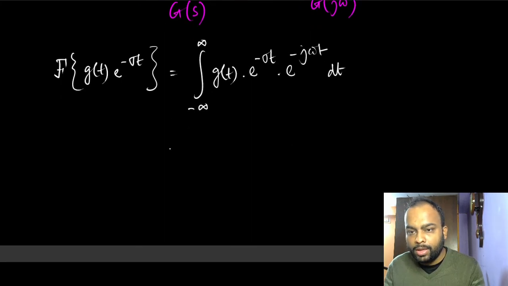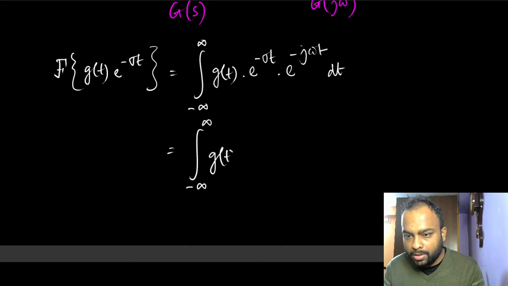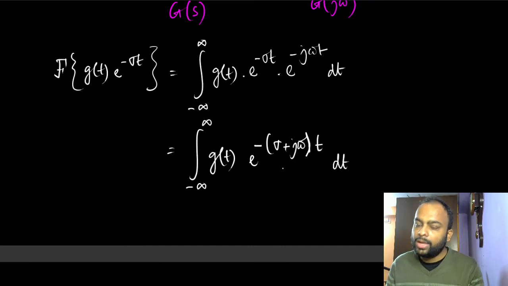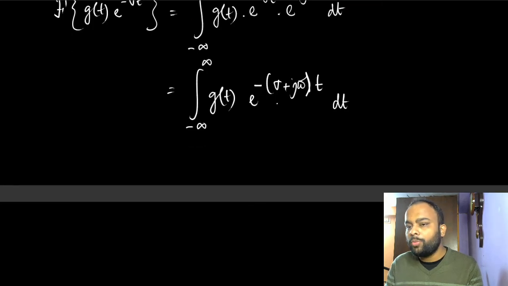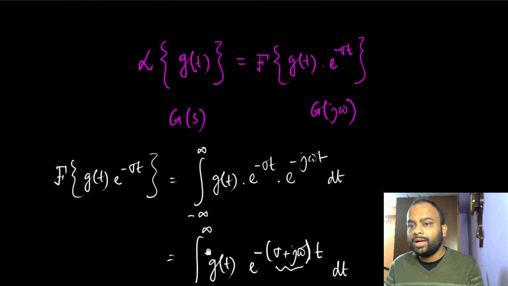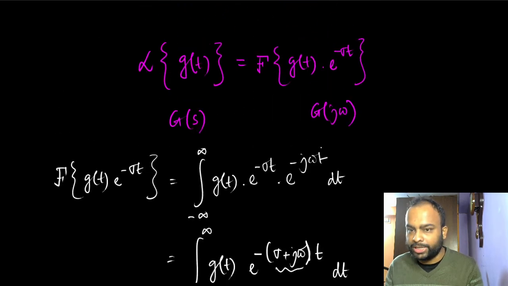Now this becomes e to the power minus (sigma plus j omega) t, dt. And for Laplace transform we just define this sigma plus j omega as s. So really speaking, this s is nothing but sigma plus j omega, right?